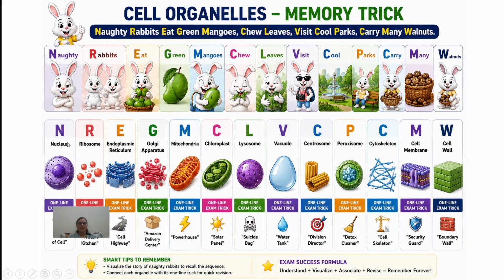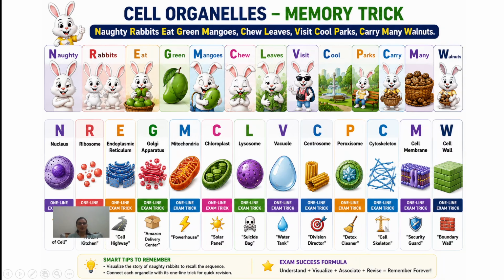N for nucleus, R for ribosome and endoplasmic reticulum, G for Golgi apparatus, M for mitochondria, C for chloroplast, L for lysosome, V for vacuoles, C for centrosome, P for peroxisome, C for cytoskeleton, M for cell membrane, and W for cell wall.